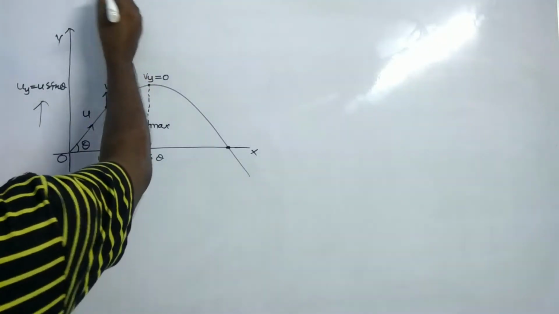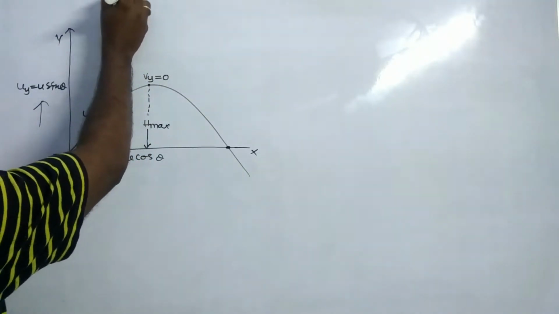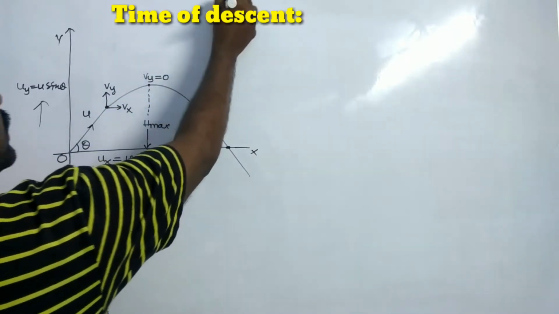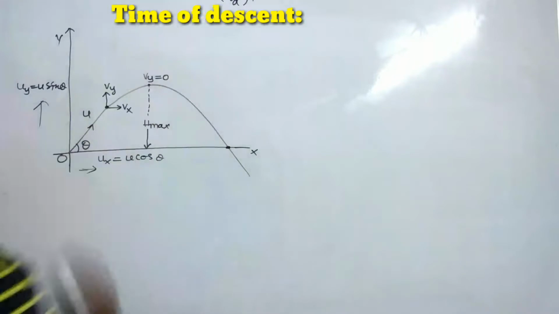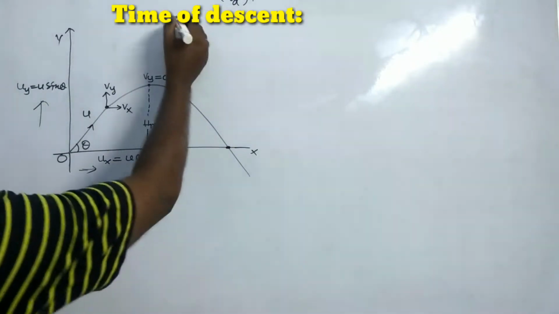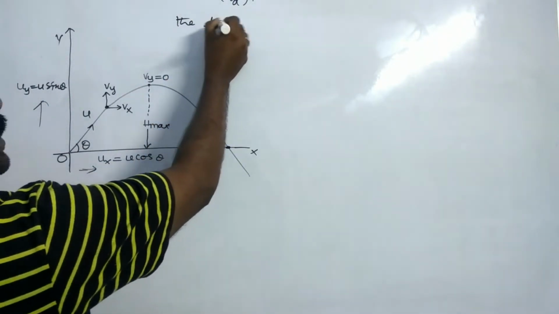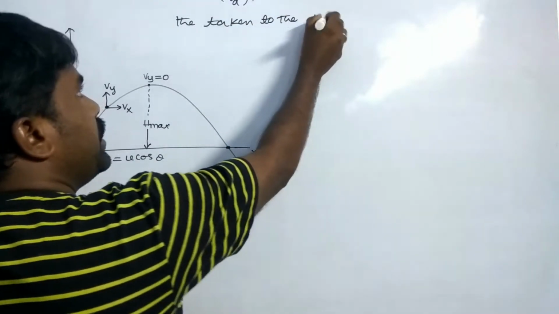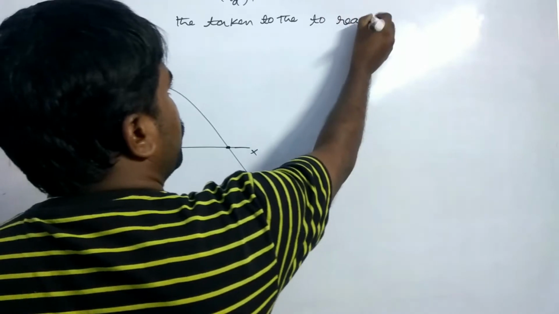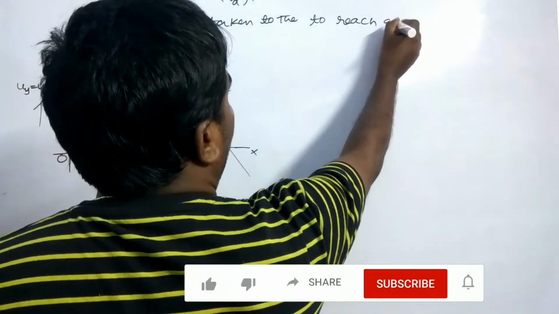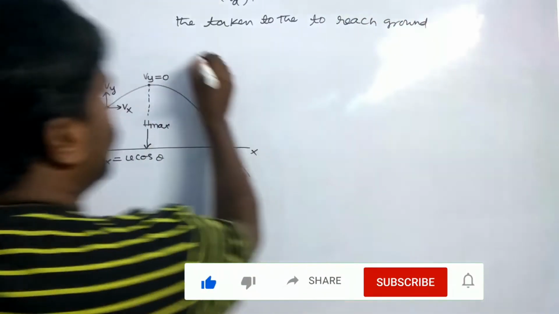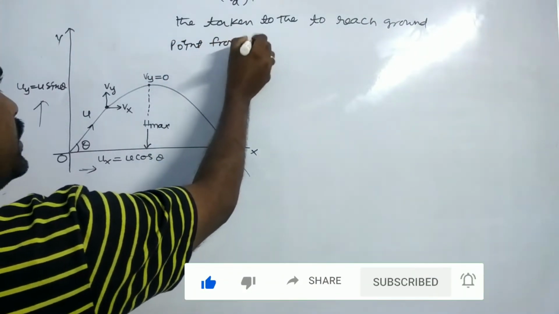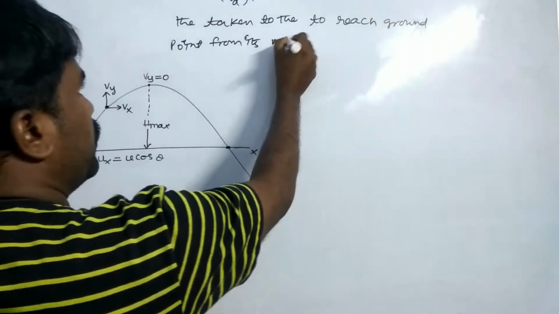Now let us find the time of descent. Time of descent is nothing but TD. Here, the time taken by the body to reach the ground point from its maximum height.